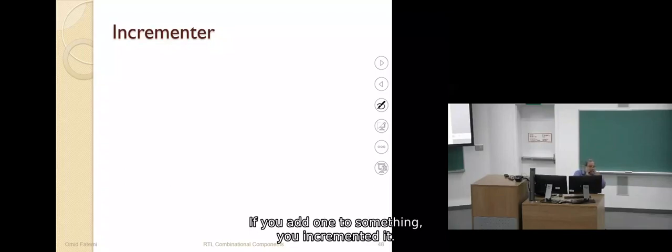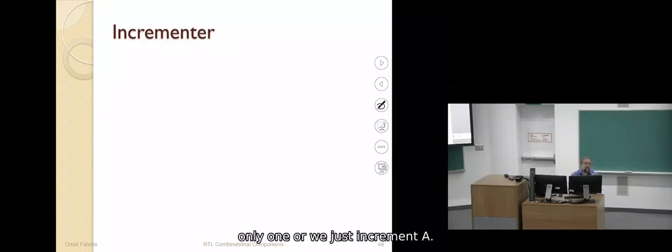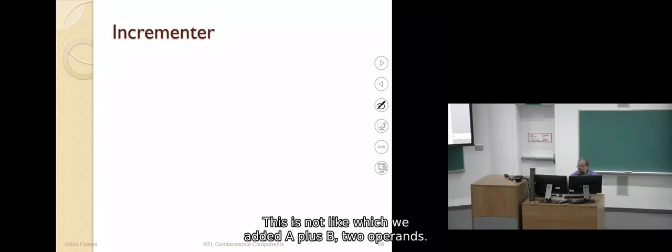If you add 1 to something, you incremented it. So it is a specific adder, just adding 1. Since the incrementer has only 1 operand, we just increment A. It is not like add, where we add A plus B, 2 operands. Incrementer just has 1 operand, A, so we could use half adder to make this.